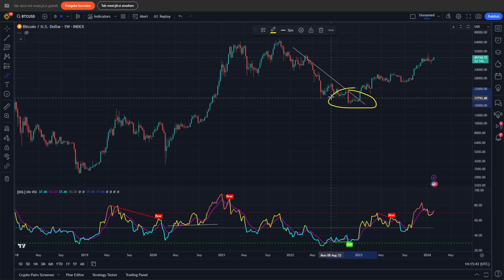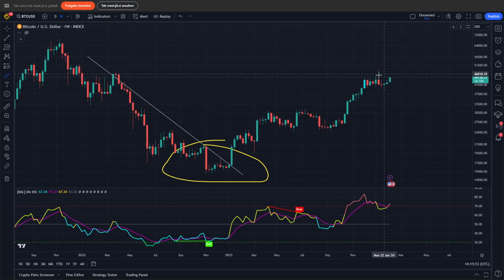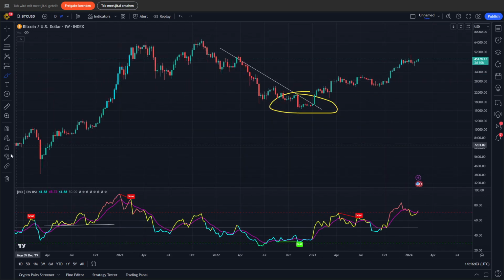There was also a moment where FTX crashed. So yeah, it's easy to see in the past, but if we watch it now in the moment, we are overbought, and it's probably not the best time to go into Bitcoin now, I would say.